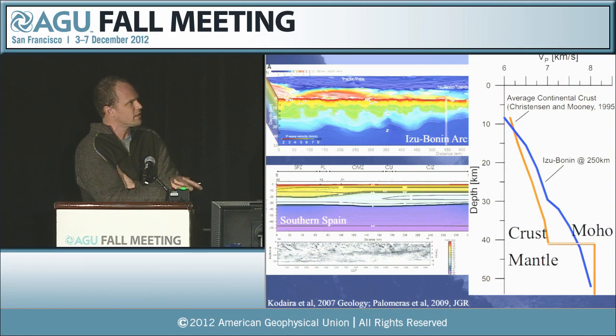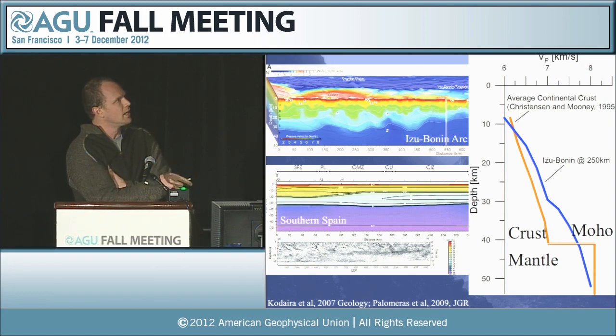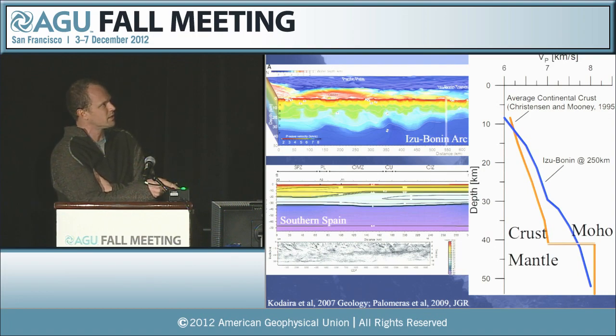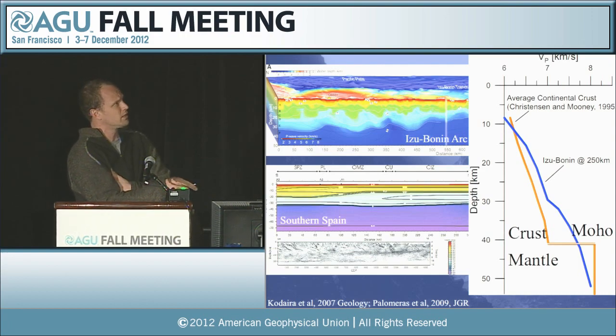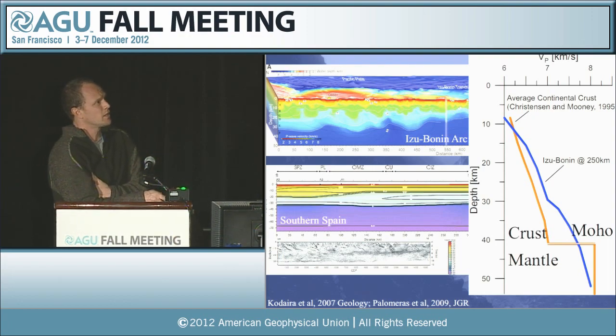And so when we look at the seismic structures of arcs, even in arcs like the Izu-Bonin, where we have the intermediate composition preserved, the lower crust seems to be very different in terms of its seismic properties. So if we want to produce continental crust out of this material somehow, or if Earth produces continental crust out of this material somehow, we have to explain the composition as well as the difference in the seismic characteristic.